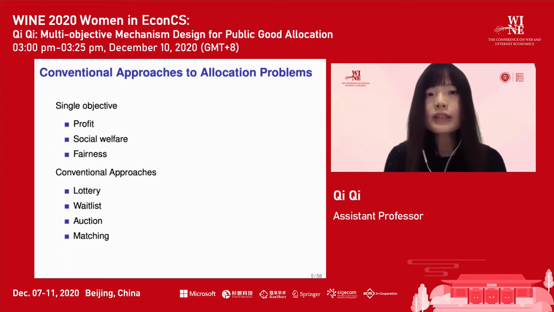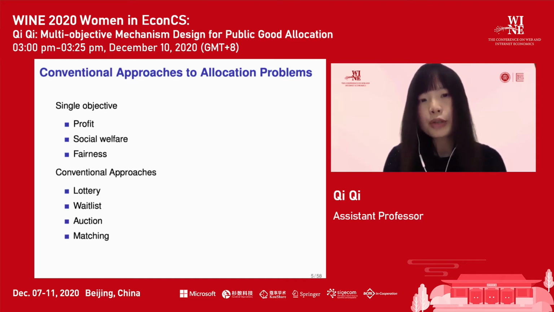And sometimes we just want to maximize fairness, so we can use a lottery, which is absolutely fair. The conventional approaches for allocating goods are the lottery and the wait list. If it's a dynamic system where people come in line, then usually we use a wait list. Also auctions for selling goods, and matching mechanisms for schools.